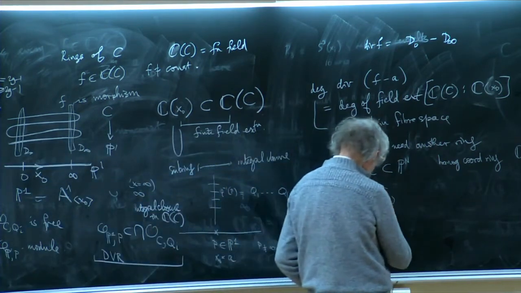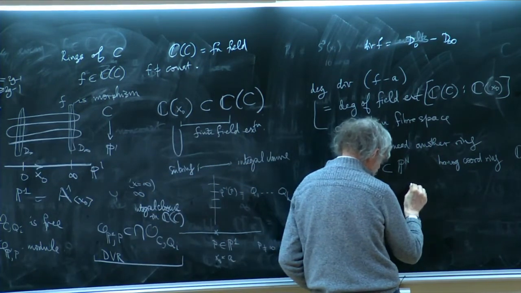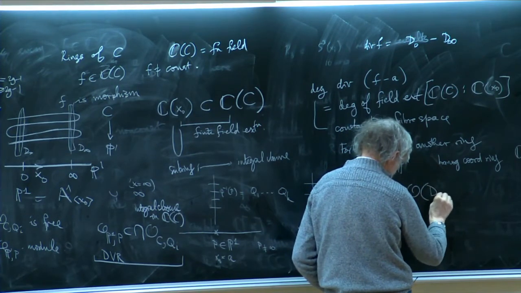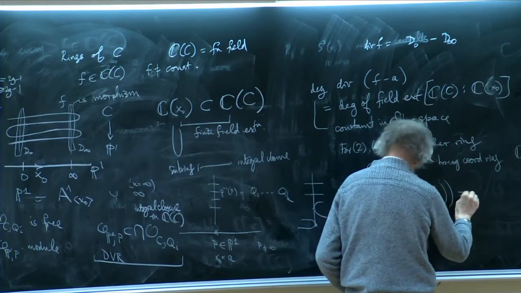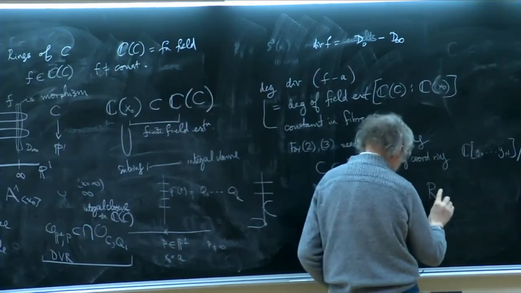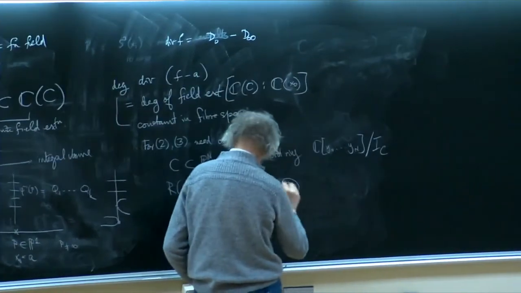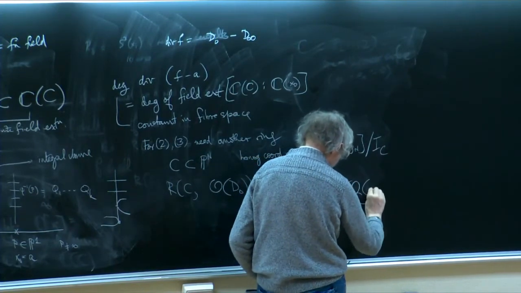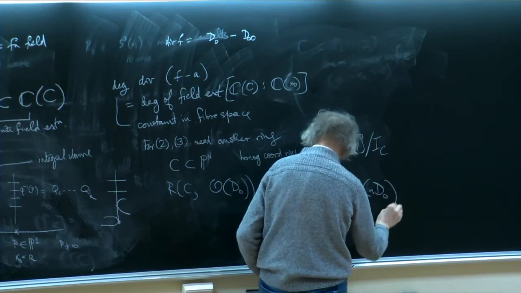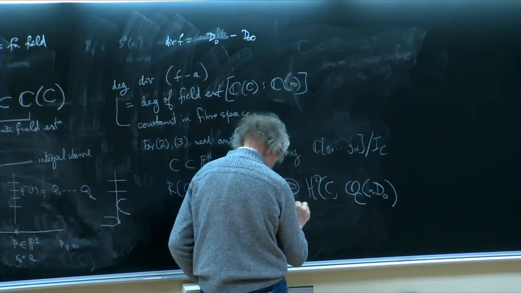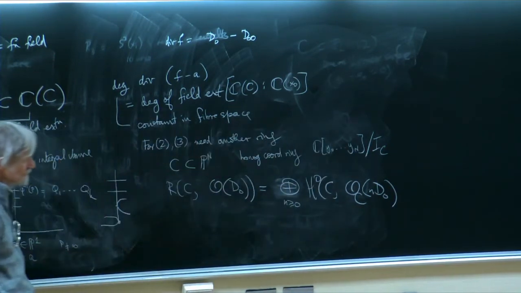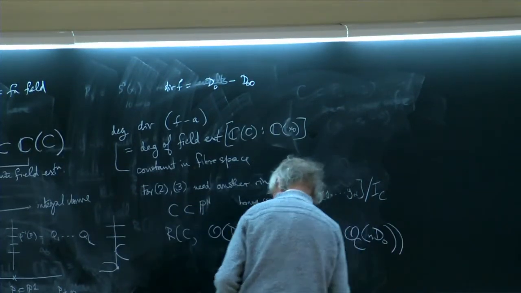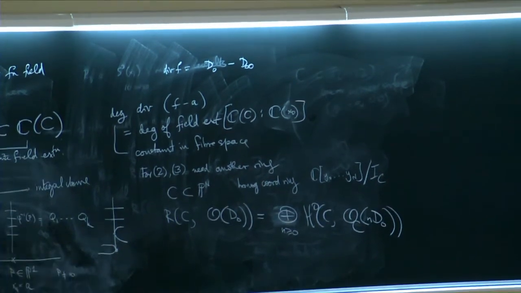So I'm going to write down here R of C, O of D naught. This is the direct sum of H naught of C, O of C of N D naught, N greater than or equal to 0.